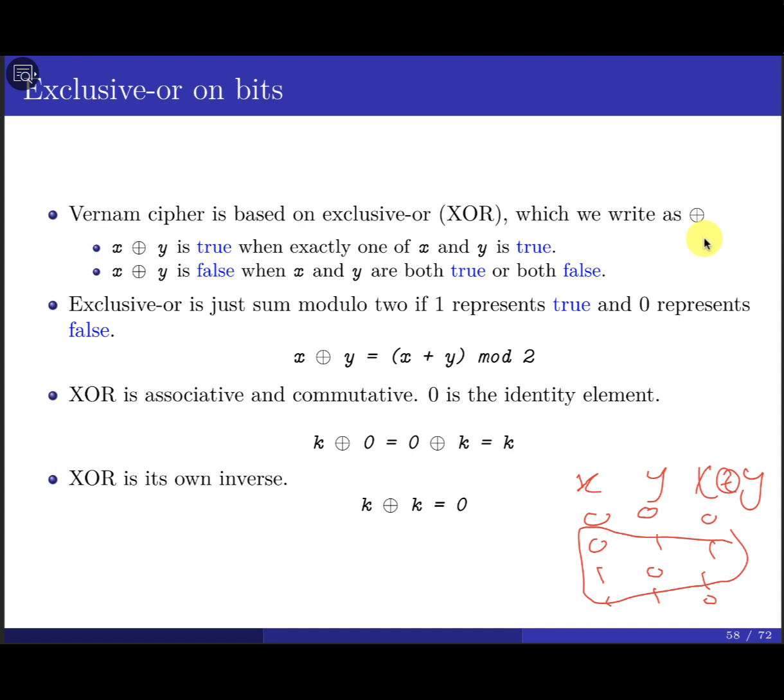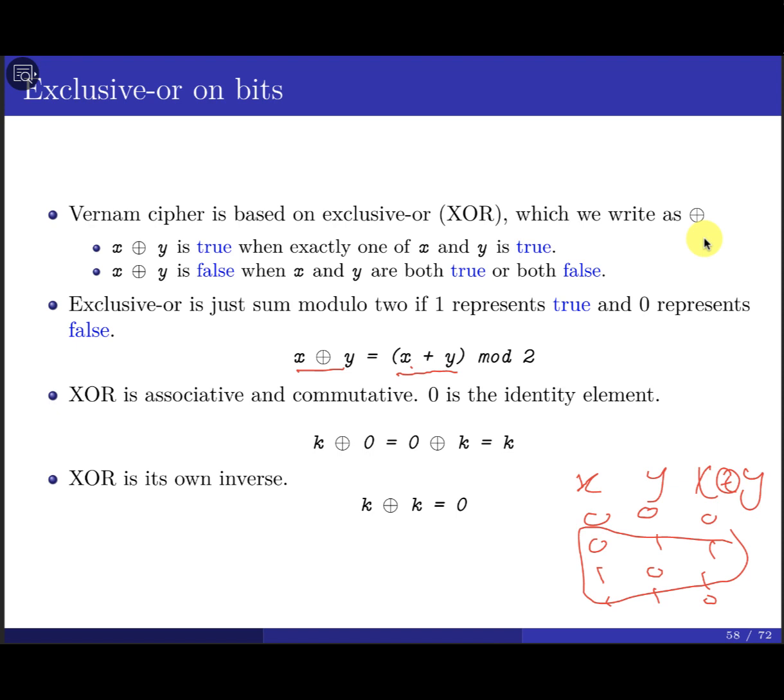We have a few properties of the exclusive OR. It looks like summation modulo 2, so it produces 0 or 1. So X exclusive OR Y is similar to X plus Y mod 2.